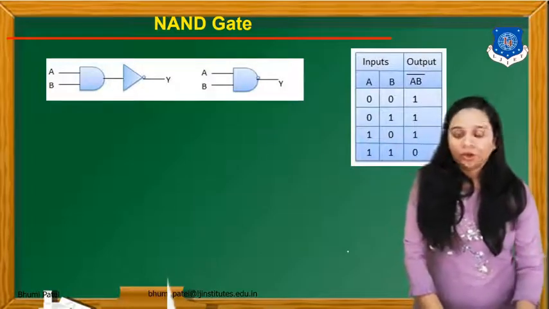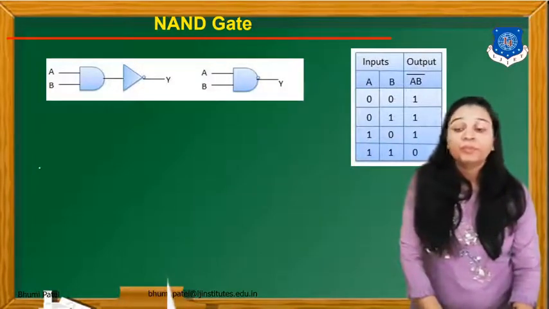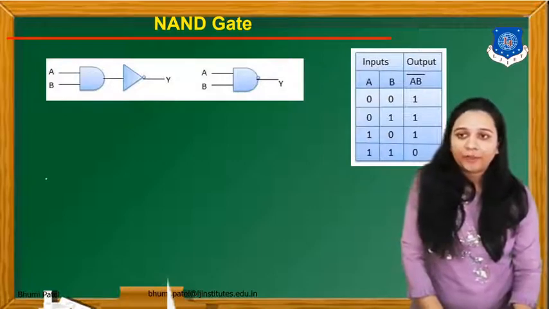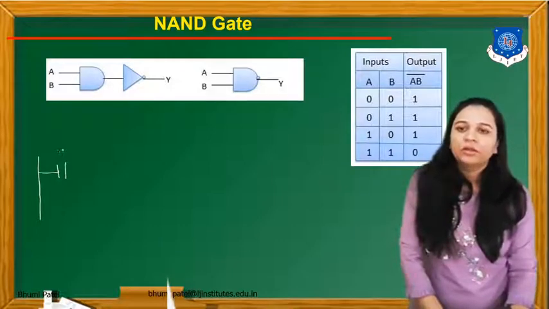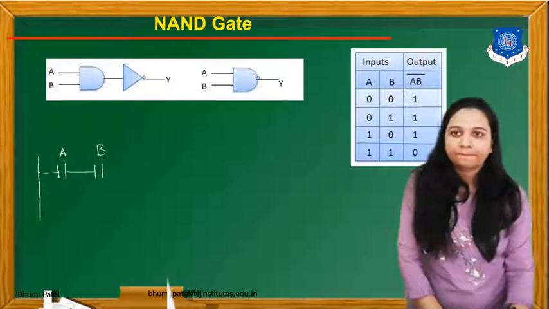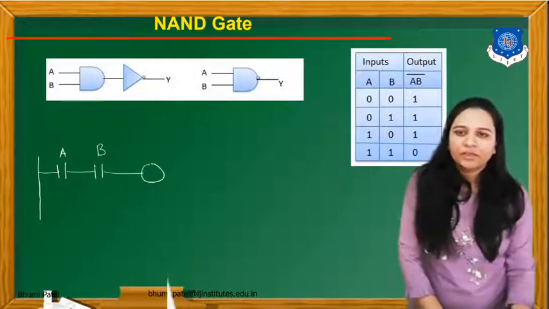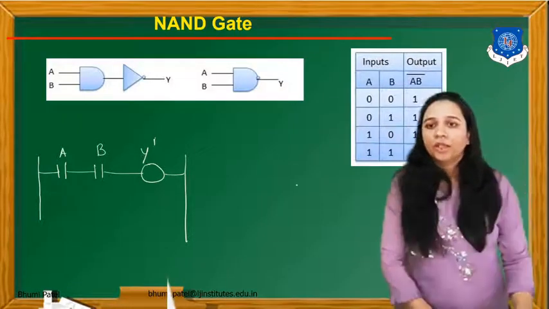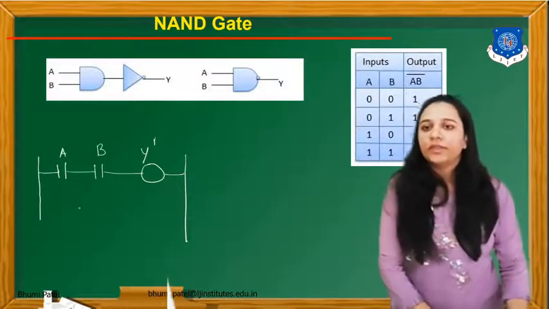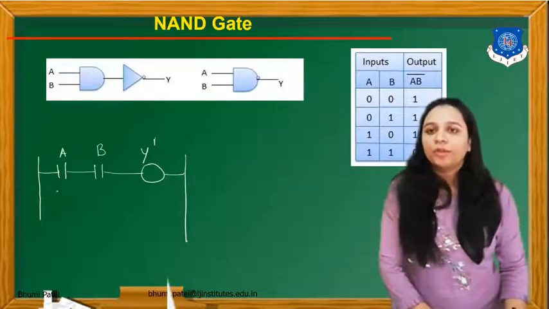Okay, if we draw the ladder logic diagram using the NAND gate truth table, simply, for the NAND gate we take the complement of the AND gate.